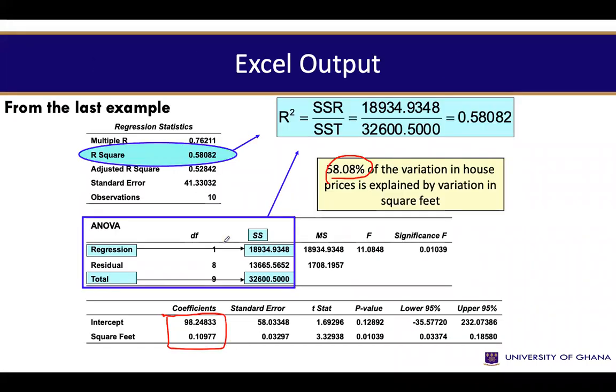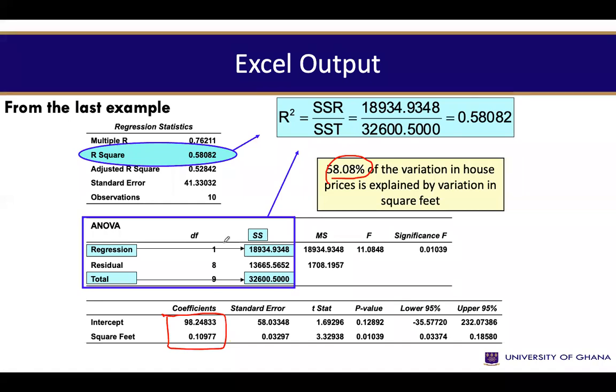We can use the R square to determine model fitness. I would say this: there are some models that have very small R squares, like 20% or 30%, but that model can still be a good fitting model. But for the purpose of this course, we will use a threshold of 50%.